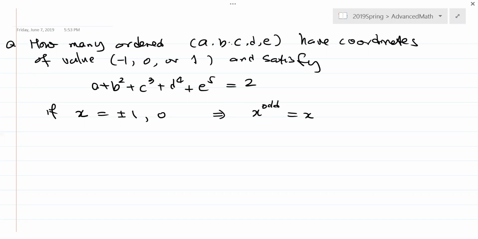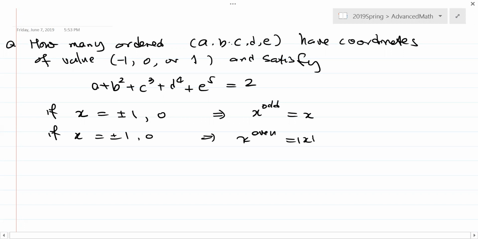When x is 0, that is 0. When x is 1, that is 1, and 1 cubed is still 1. So no big difference. But if x is plus or minus 1 or 0, then the even power is going to be the absolute value of x. It does not increase the value, it just drops the negative sign.